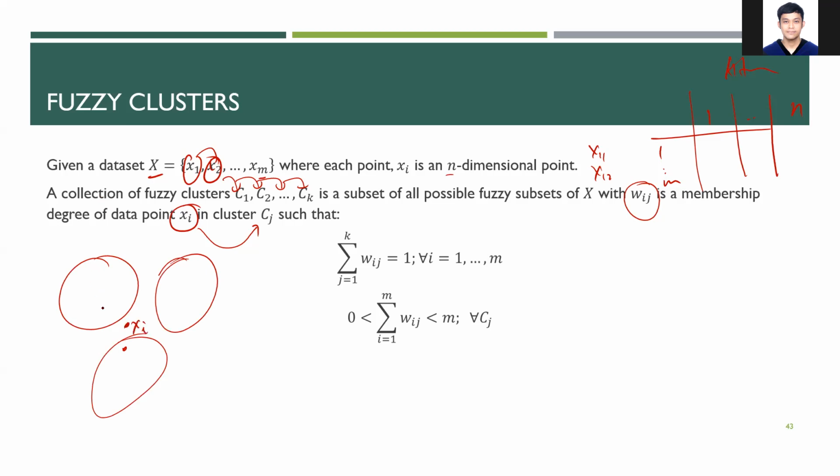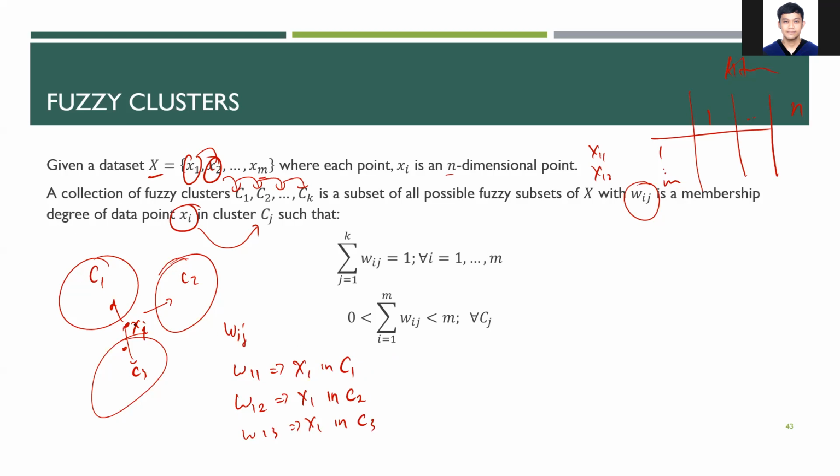It can belong to cluster 1, cluster 2, and cluster 3, each with a membership value wij. W11 is the degree of membership of x1 in cluster 1, W12 is the membership degree of x1 in cluster 2, and W13 is the membership degree in cluster 3.